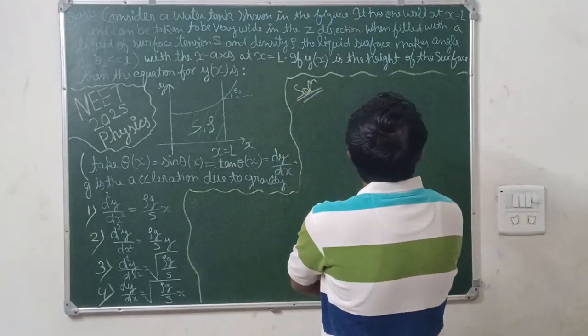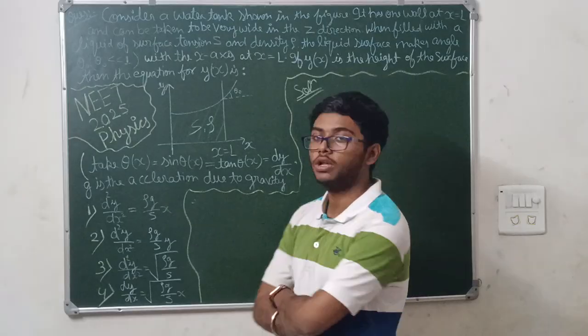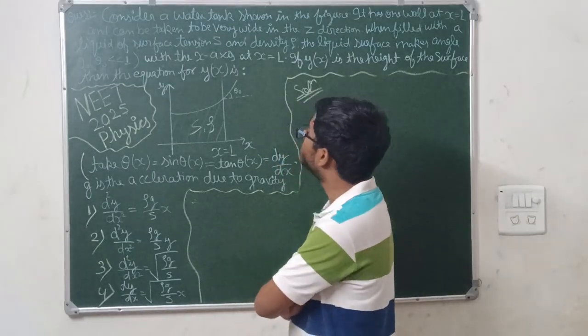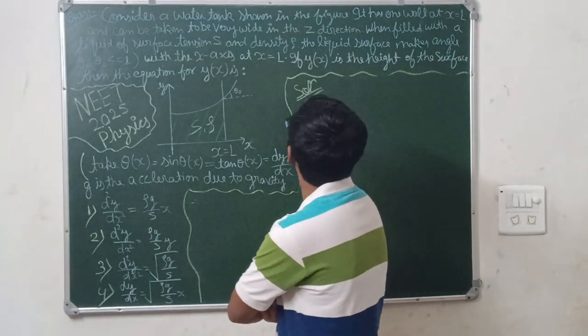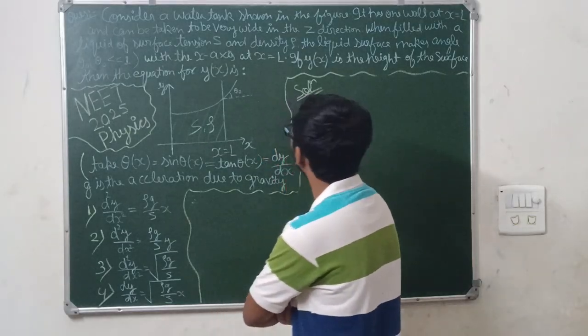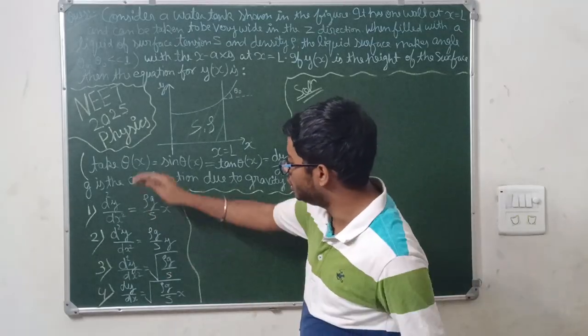The surface makes an angle theta naught with the x-axis at x is equal to L. If y(x) is the height of the surface, we have to find the equation of y(x) among these four options.